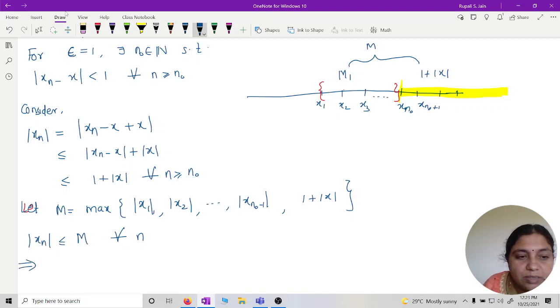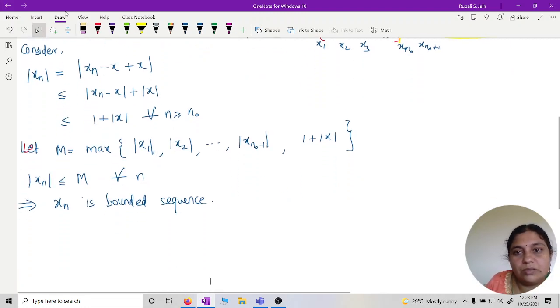This implies xn is a bounded sequence. So every convergent sequence of real numbers is bounded. Is this proof okay?